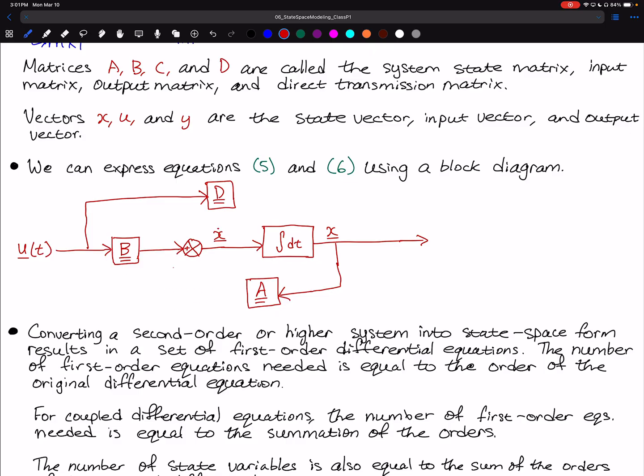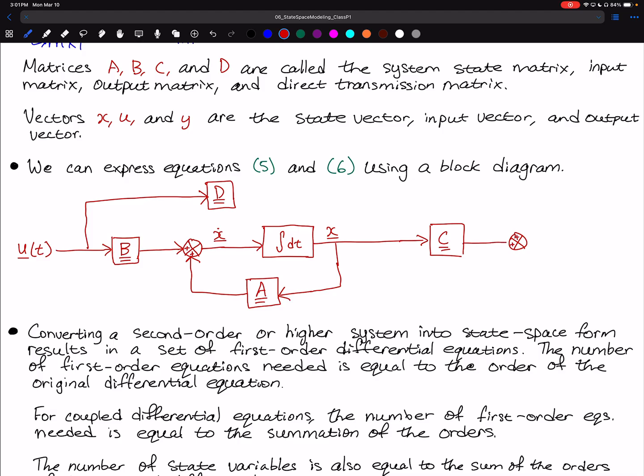So x is going to go into A. So then it's going to be added at the summing junction. And then x also goes into the output matrix C. The output of the output matrix is going to go into another summing junction.